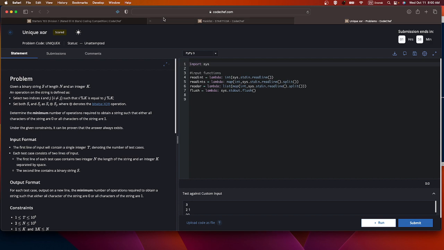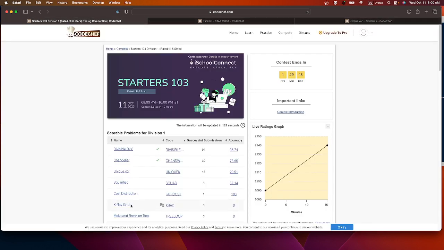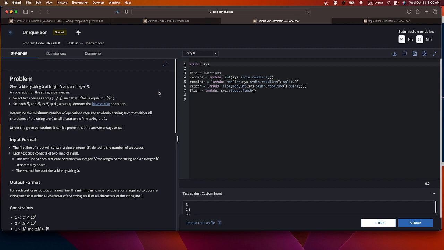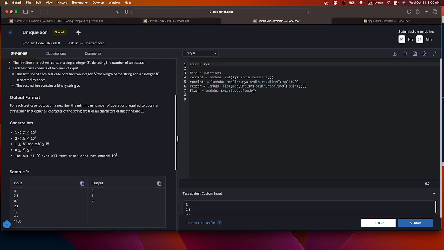Okay, so we have a binary string, and we need to find two indices. Okay, wait a second here.